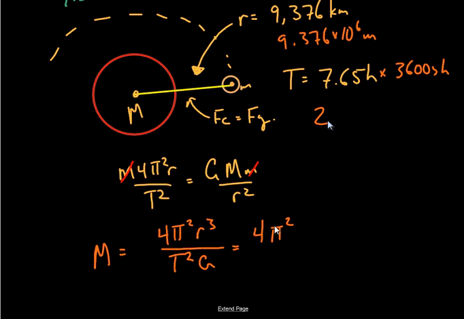Is that right? Something like that. Okay, so let's put our values in here and see what we can get. And we'll compare it to what the literature says. Oh, to the 4? Mistake.